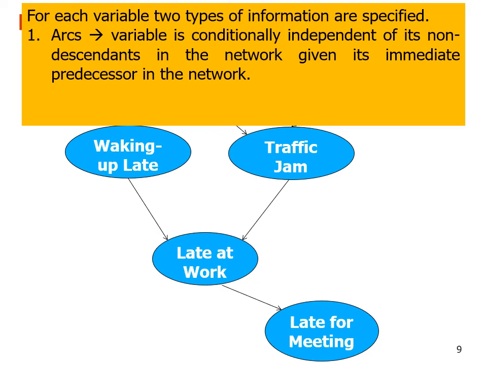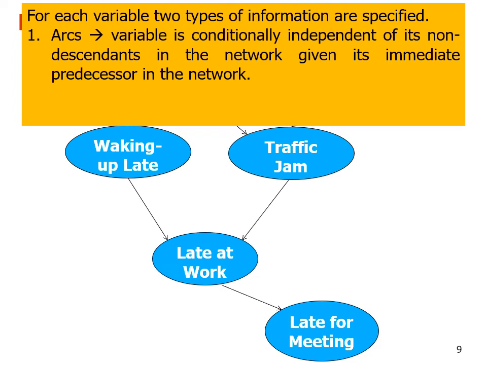We say X is a descendant of Y if there is a directed path from Y to X. So I'll narrate the first point once again. The network arcs represent the assertion that the variable is conditionally independent of its non-descendants in the network given its immediate predecessor in the network.